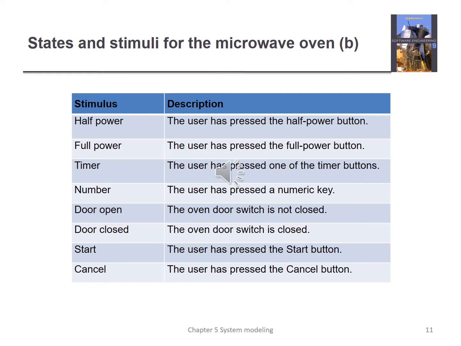We put the states and then we put the stimuli, and then we could see the sequence of events. What is really the stimulus and what's the response to it, and we could really draw the state chart from there.